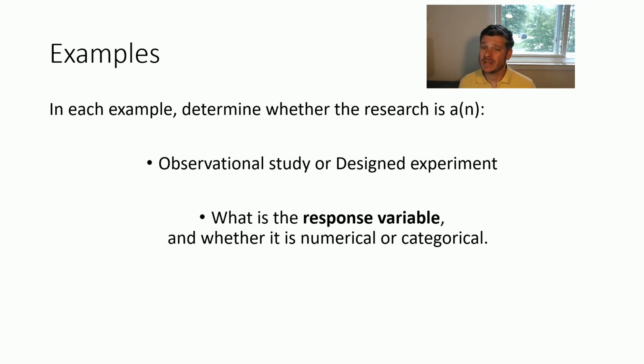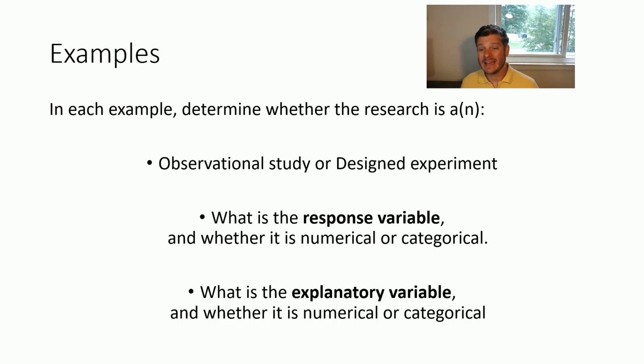What are we trying to measure? And is that response variable going to be a numerical or quantitative variable or a categorical or qualitative variable? Which one is it going to be? And then similarly, what is my explanatory variable? And is that explanatory variable numerical or categorical? So let's jump right in.